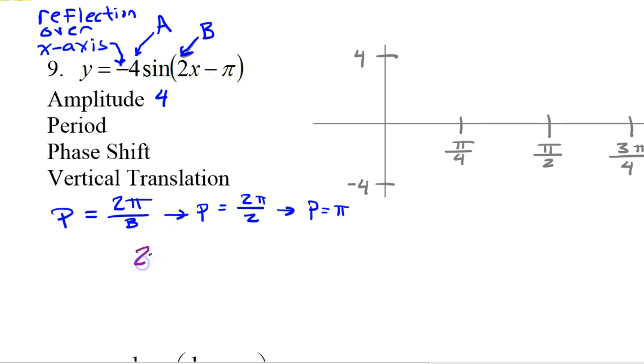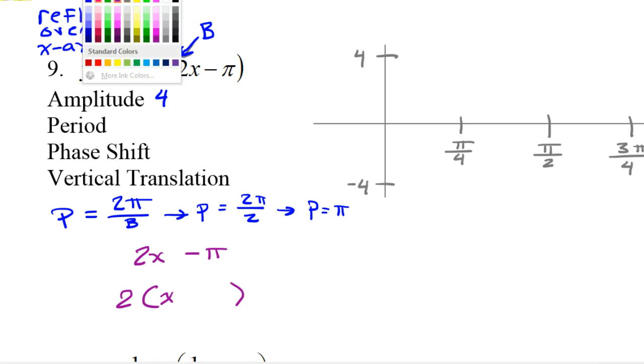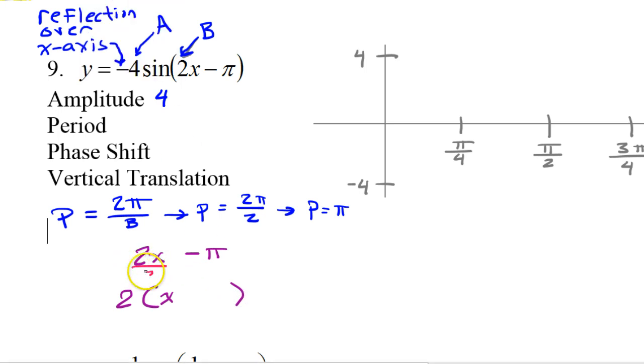So right now I have 2x minus pi, but I need to bring that 2 outside of the parentheses and then see what I have. You can do that as long as you divide both of these by 2. So I'm going to have inside x minus pi over 2. This is the phase shift right here.